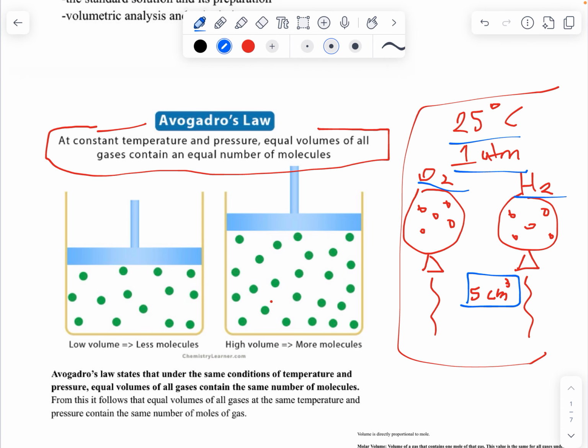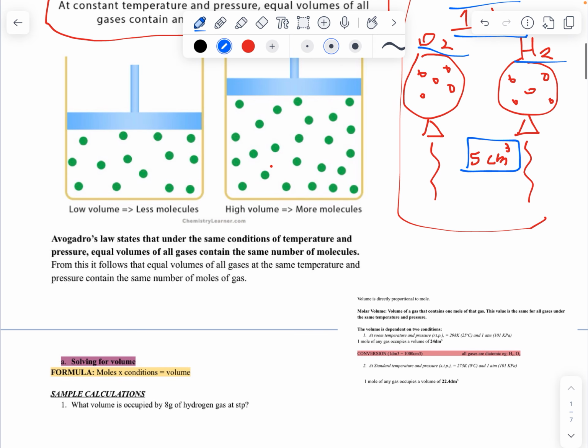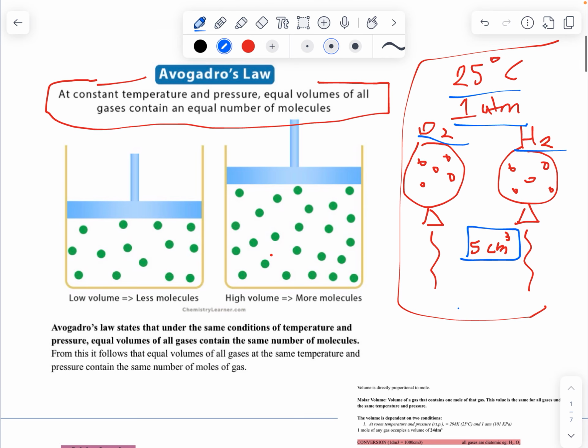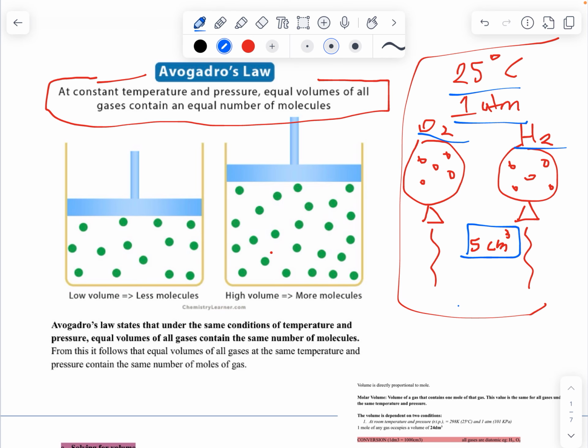Note that, however, if we increase the temperature of our gas, so let's say it moves from 25 degrees Celsius to 30 degrees Celsius, the kinetic energy of the gas increases. The particles begin to move a lot more quickly, and so they expand.